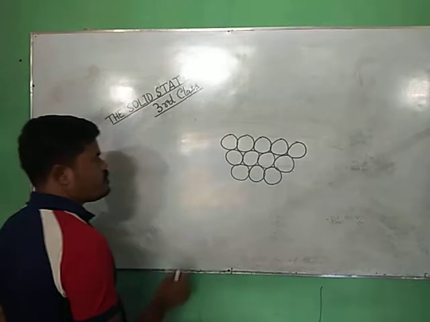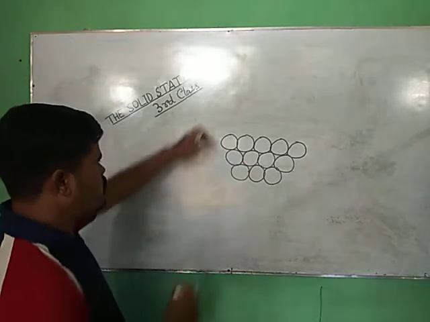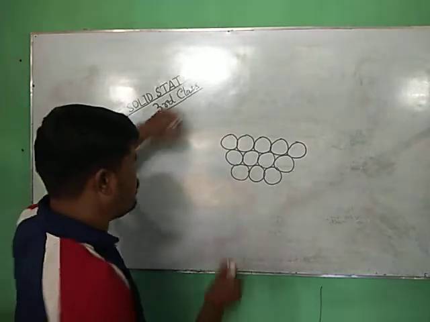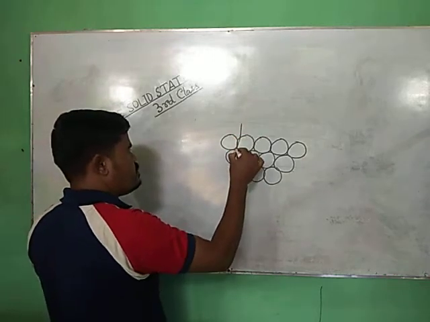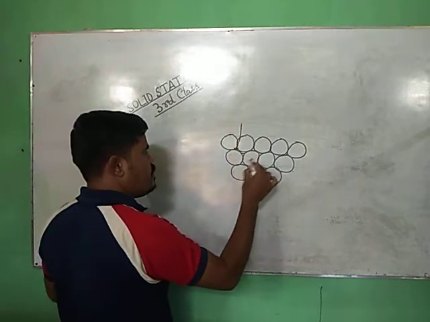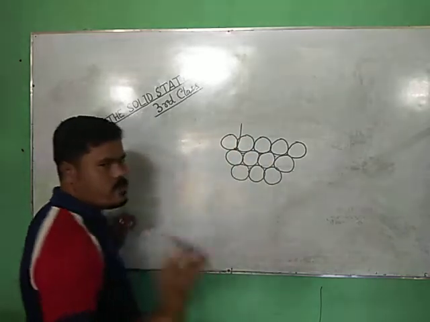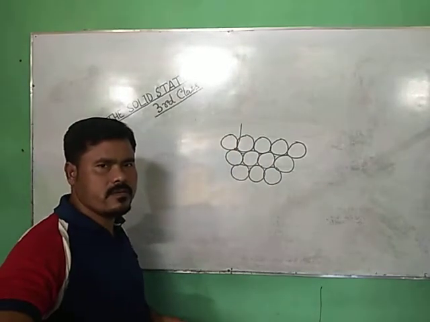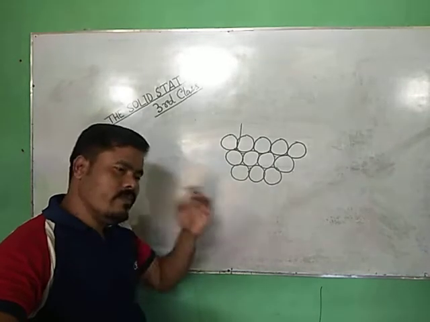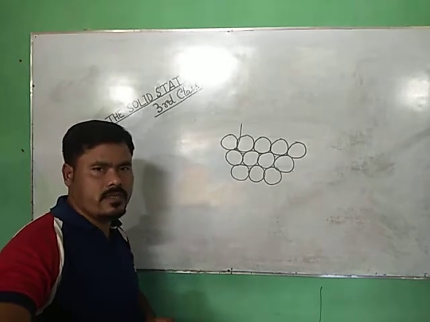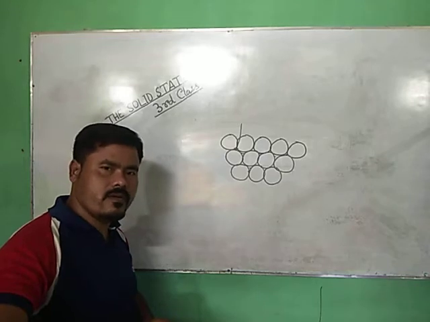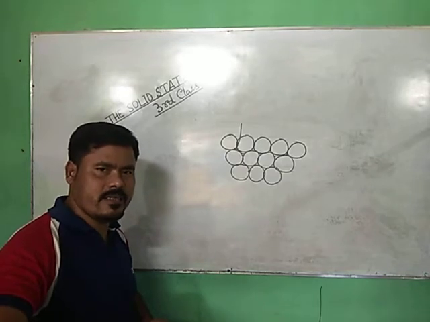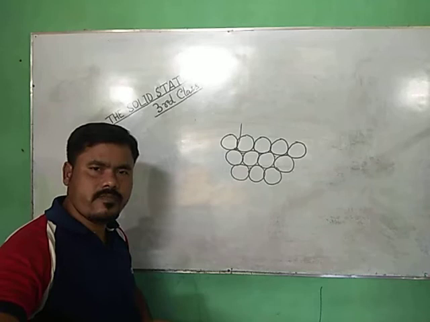What is happening? When I am arranging, in this space, in this space, in all this space, there is no particle. Those spaces are not occupied by particles. Similar to this, in crystalline solid, when the constituent particles are packed, there is always vacant space or empty space.